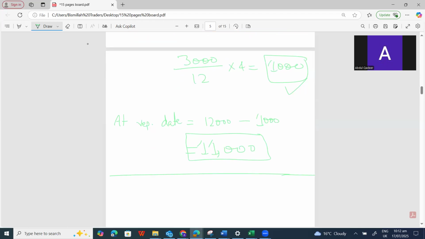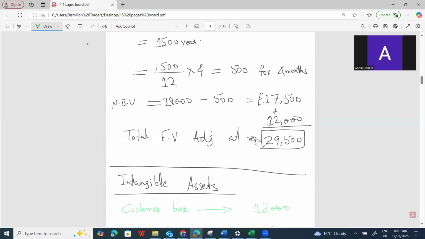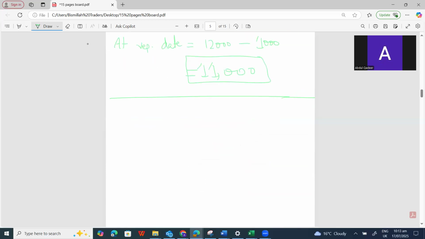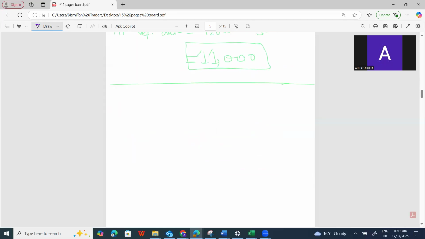Now what we have to calculate, the most important thing, is net assets of subsidiary. You can name it as working 5 or 6. Okay, working 6. We are going to calculate net assets of subsidiary. That's the most important thing.